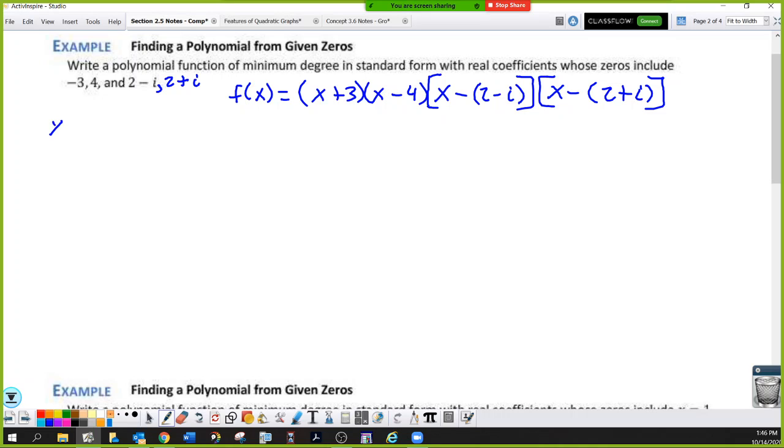Here's what we know. We know that x equals 2 plus or minus i, correct? That's what the two brackets at the end are telling us. Well, time for me to produce the quadratic that creates those two solutions. First, subtract 2 from both sides.